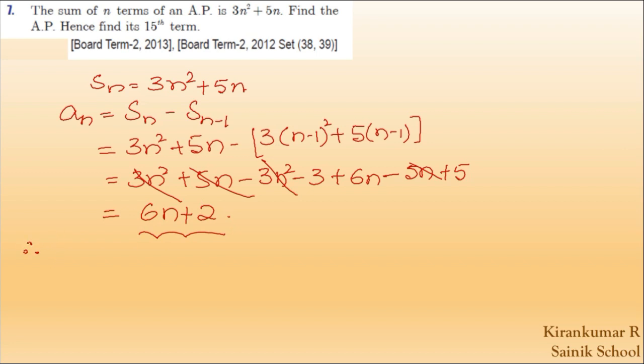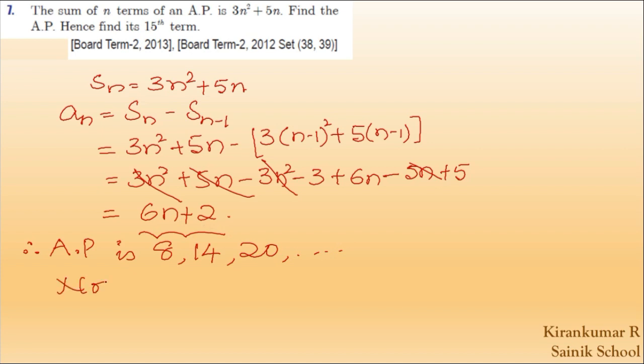So the arithmetic progression is, in the place of n, if you replace 1, we get the first term, 8. In the place of n, you replace with 2, we get the second term, 12 plus 2, which is 14. Place of n, replace with 3, 18 plus 2, 20, and so on.